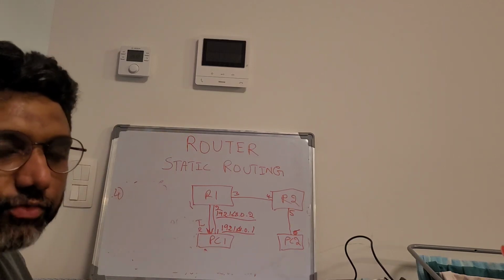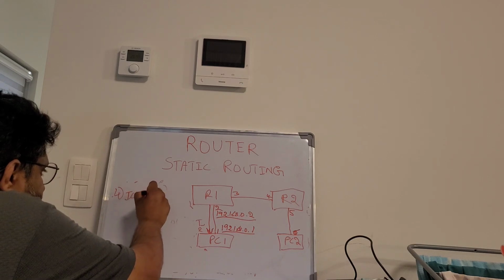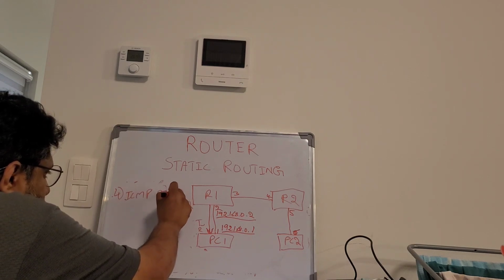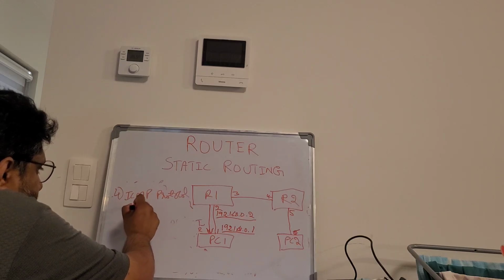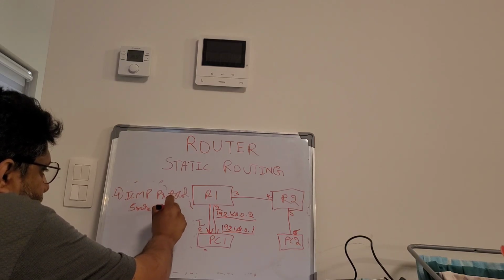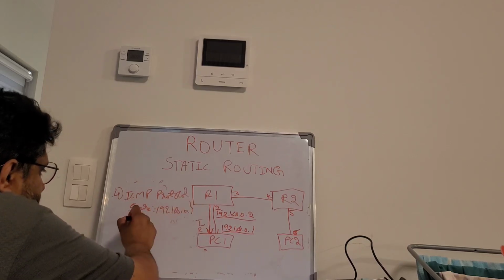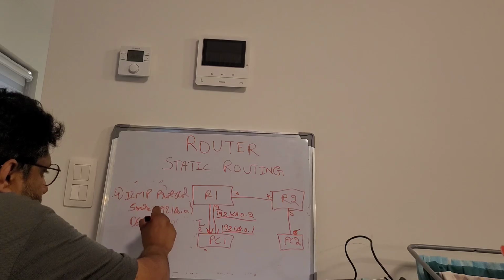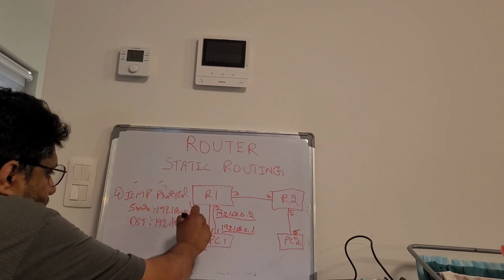Ping works on the ICMP protocol. It constructs an ICMP packet with source 192.168.0.1 and destination 192.168.0.2.